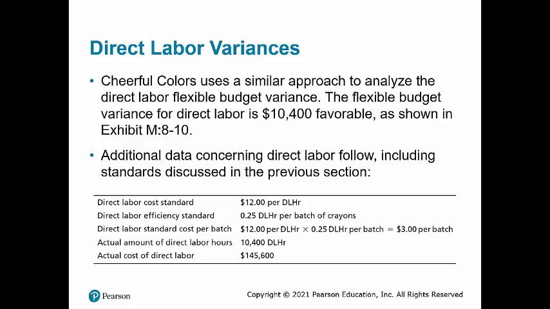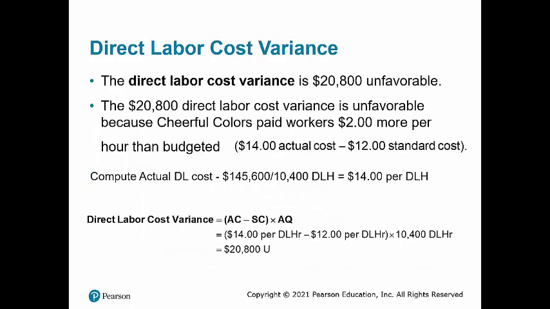The actual amount of direct labor hours was 10,400 and the actual cost of direct labor was $145,600. The flexible budget variance for direct labor was $10,400 favorable. Using the additional information, we can determine that Cheerful Colors paid more than expected for direct labor. The actual cost per hour of direct labor is $14.